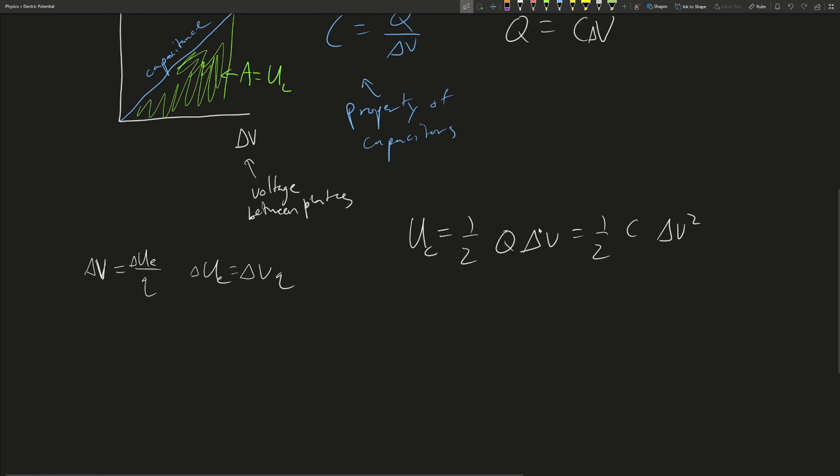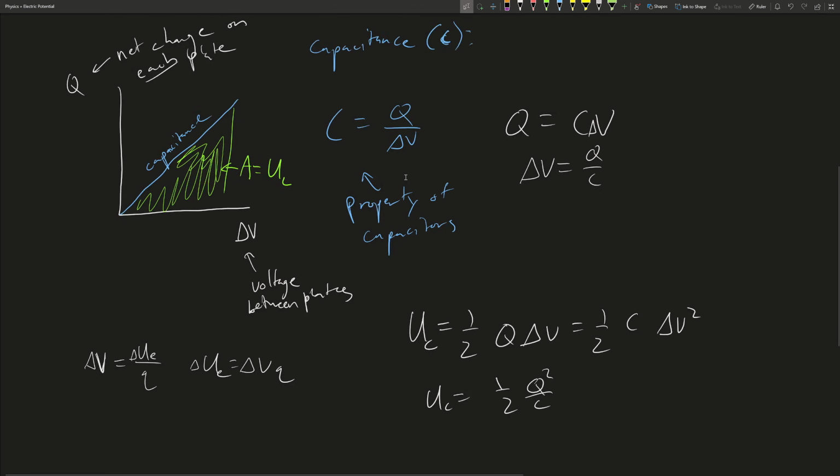But we can also substitute for voltage in here, so we have voltage is going to be equal to Q over C. So charge over capacitance. And then we get that the energy a capacitor stores is also equal to 1/2 Q squared over C. So these all are equivalent ways of finding the energy stored in a capacitor.